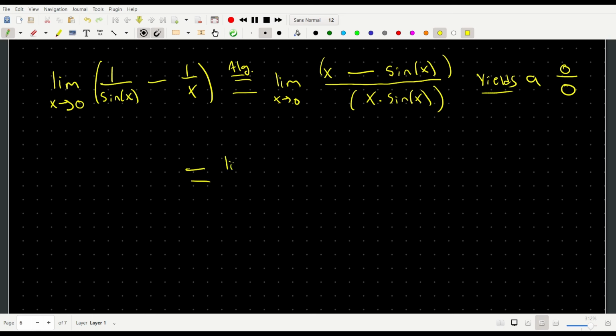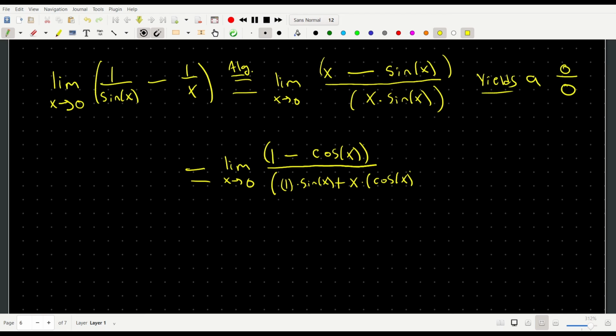And so what's nice about this is we can directly apply L'Hopital's rule to it to get 1 minus cosine of x, that's the derivative of the numerator, and then the derivative of the denominator we can get using the product rule. Remember, the product rule says that it's going to be the derivative of x, which is 1, times sine of x, plus x times the derivative of sine of x, which is cosine of x.